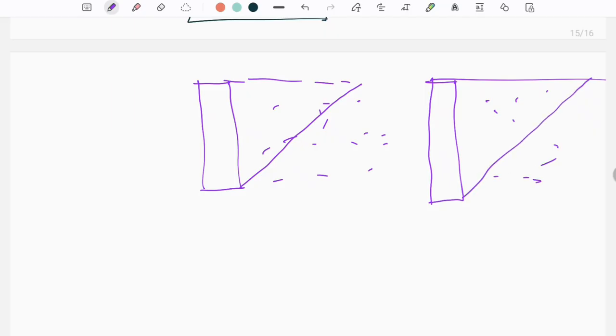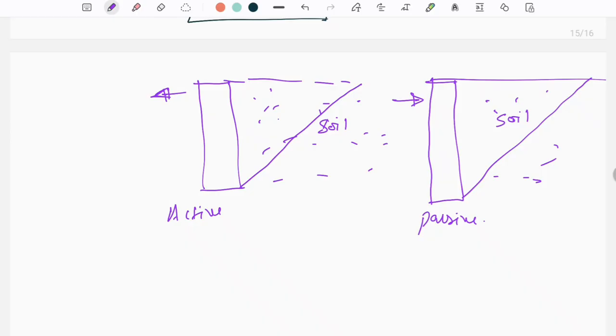In case of active earth pressure, the wall is away from the soil, the wall moves towards this side. This is active, this is passive. Here the wall is away from the soil.